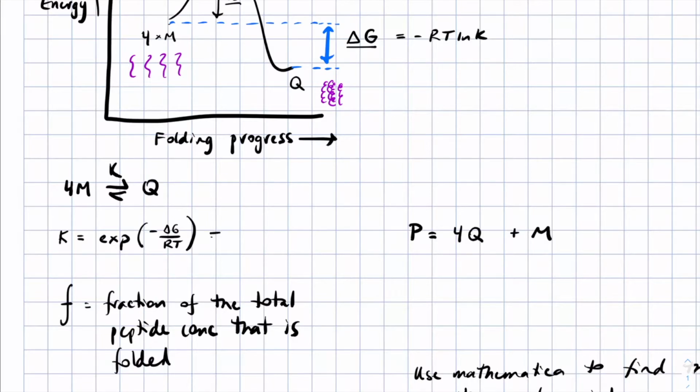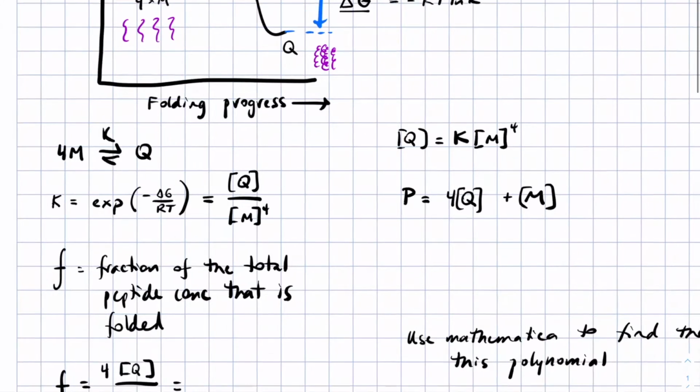equation. We can define the equilibrium constant as being the concentration of tetramer divided by the concentration of monomer to the 4th power. Through a little bit of algebra, we can replace the concentration of tetramer with the equilibrium constant times the concentration of monomer to the 4th power.